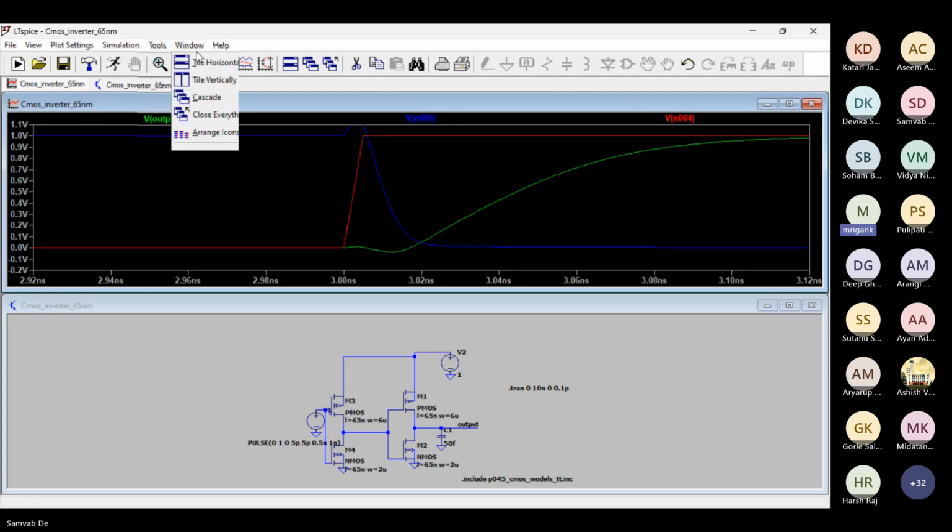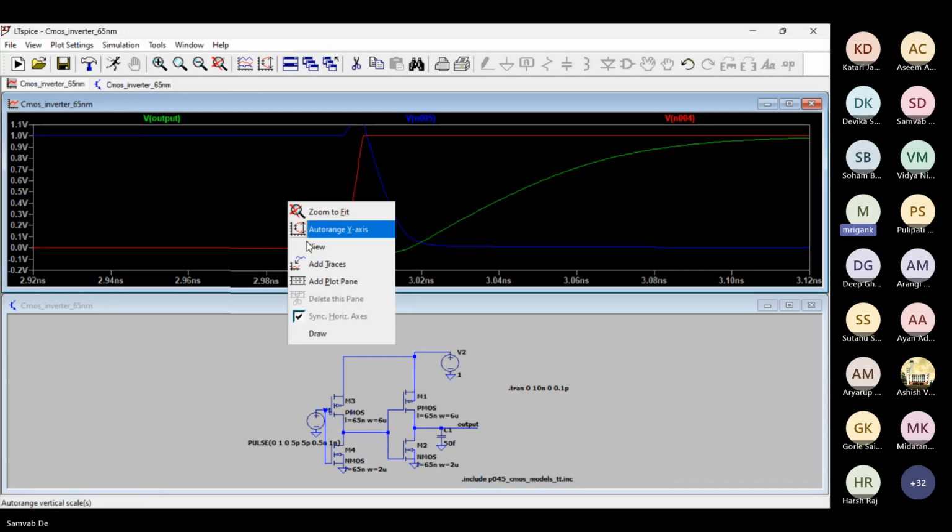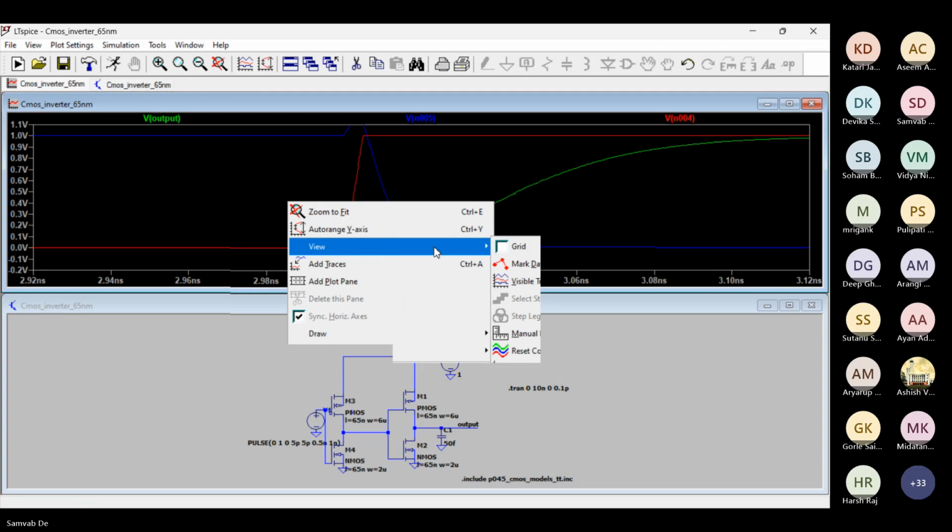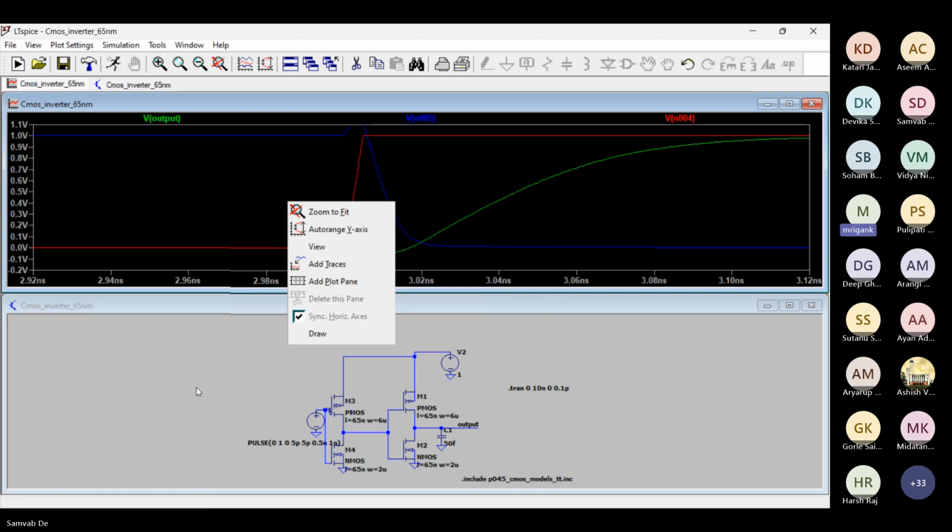If you want to calculate the power dissipation, we can calculate the average of the current being sunk. Anyway, that part I will see later.